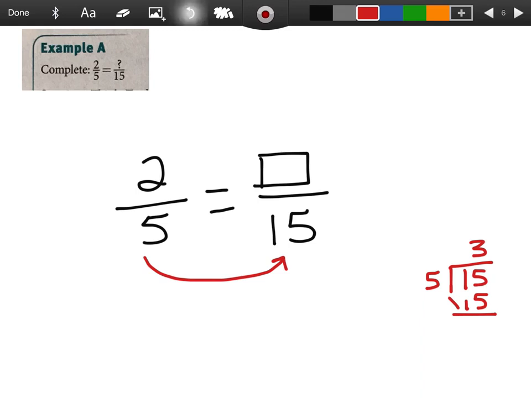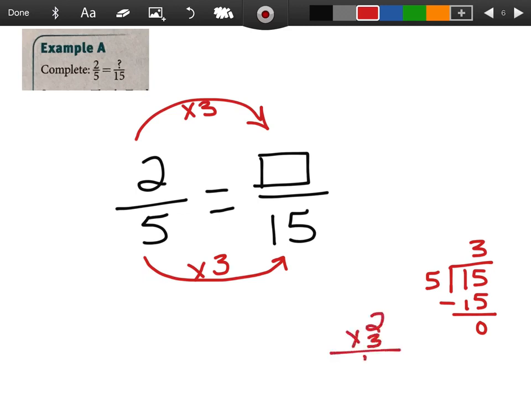So that means that I had to have multiplied here by 3. And I know whatever I do to one side, I must also do to the other. So I'm going to multiply the top by 3. And I know 2 times 3 is 6. So my missing number here is 6.